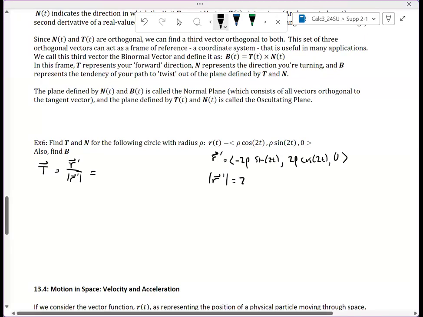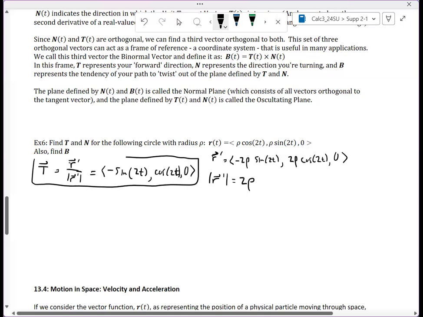Length r prime is just going to be 2 rho. And T, therefore, is going to be r prime over 2 rho, it just cancels out those 2 rho coefficients. This is going to be the vector negative sine of 2t, comma, cos of 2t, comma, 0. So this is my unit tangent vector.